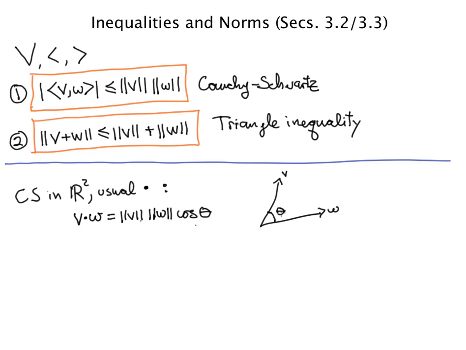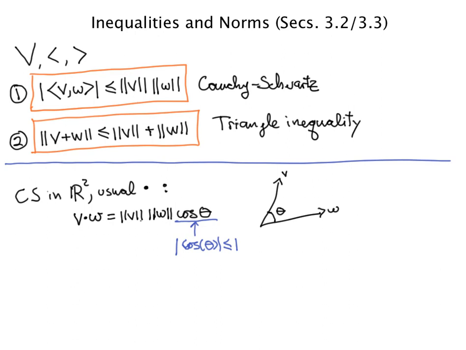And in R2, that basically tells you the Cauchy-Schwarz inequality, because the absolute value of cosine of theta is less than or equal to 1. So if you take the absolute value of both sides of this equation, you get this.